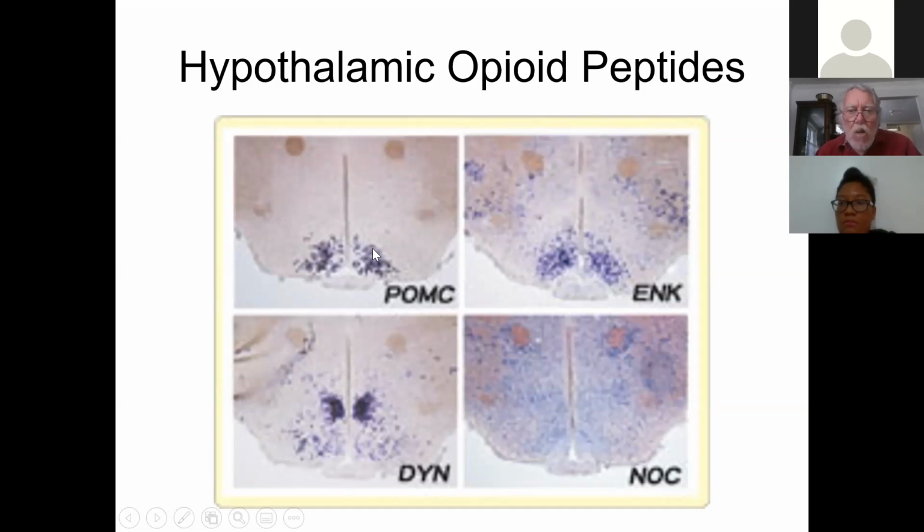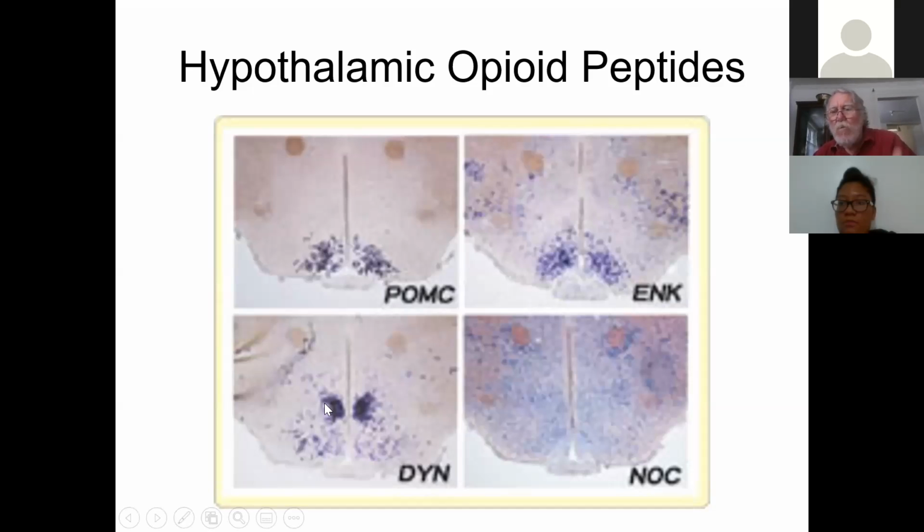And now what you notice is that there's an overlap of these cells that contain the shorter opioid peptide, enkephalin. But these enkephalinergic neurons don't really project anywhere. They act as interneurons. Then we have a third opioid peptide, 17 amino acids long, called dynorphin.